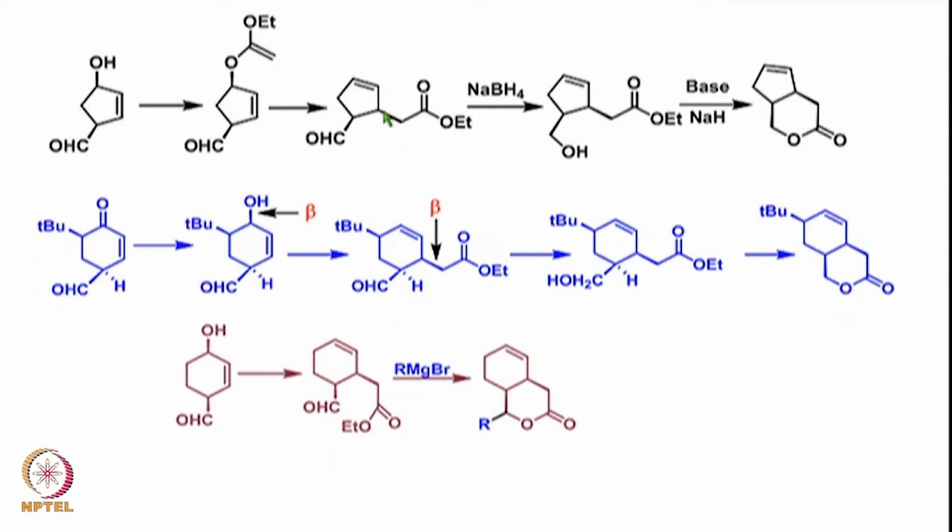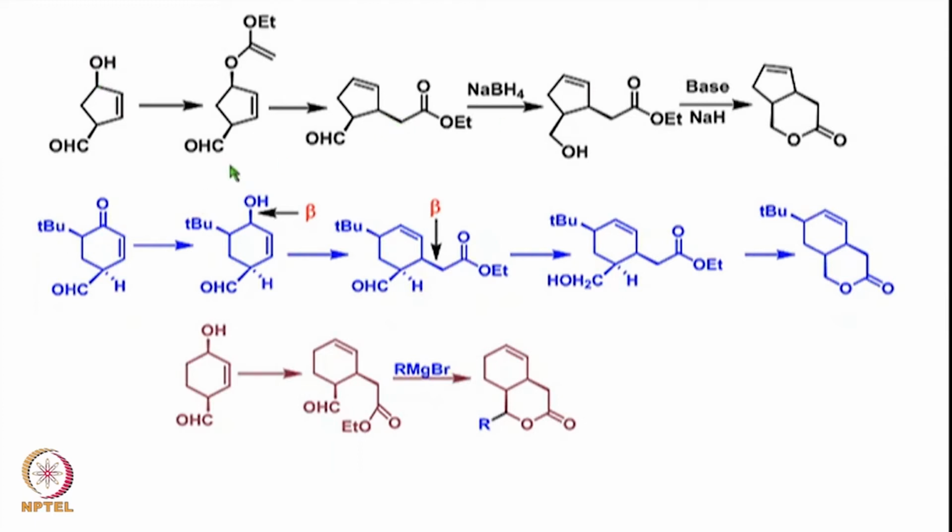This is alpha, this is beta, this is gamma, this is delta. And the stereochemistry shown in the starting material, this carbon-hydroxy bond being beta, leads to the formation of this carbon-carbon bond also in the beta orientation.